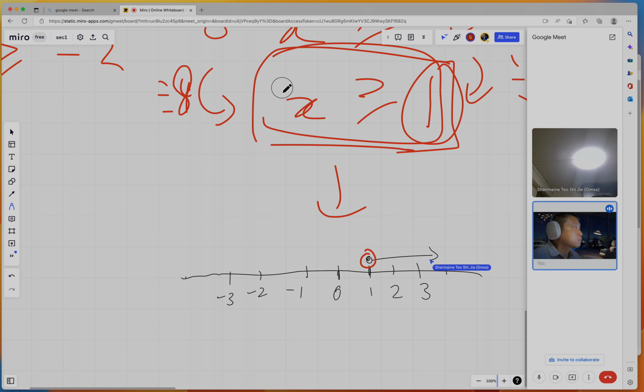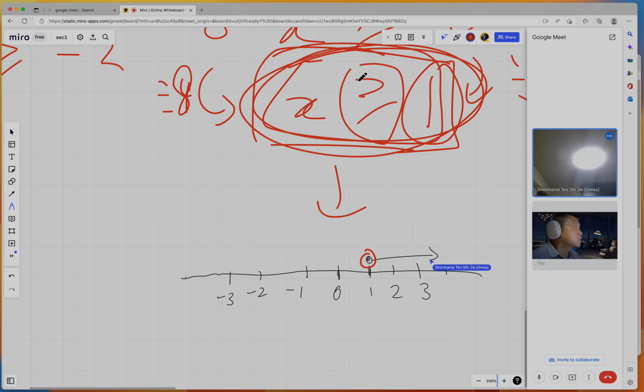What does the question say? x what? At least. What is this sign? No, this is bigger and equal. Can you repeat? Bigger than and equal. Yes. So when you have bigger and equal, that means you have equal. So one is included, right? So therefore, if it is included, you need to make it solid.